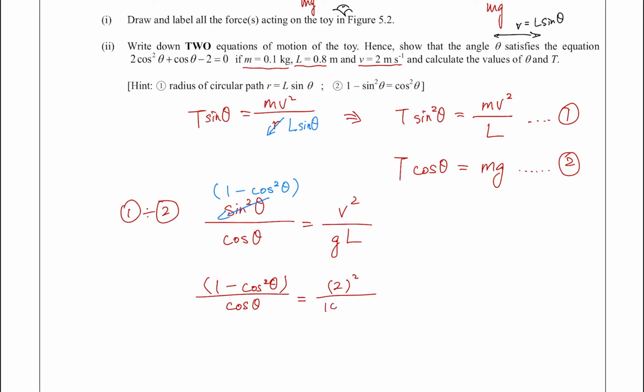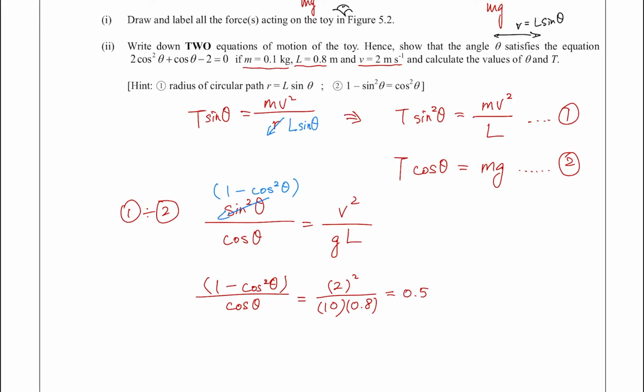So we will just put in the numbers: 2 squared, g is taken to be 10, and L is 0.8. So on the right hand side, 2 squared divided by 0.8 divided by 10, this will become 0.5.